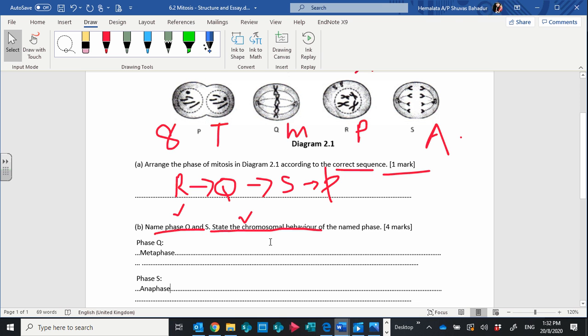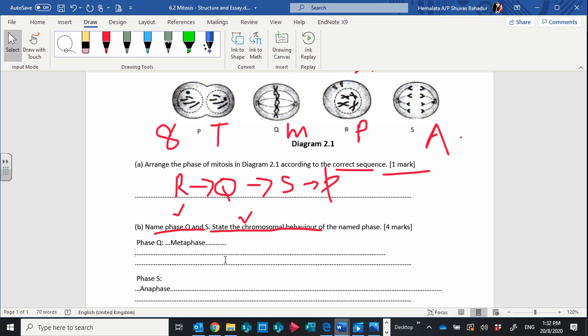Okay, then go for the second one, chromosomal behavior. Chromosomal behavior here refers to how the chromosomes behave at this stage. Just 1 point, because for the naming itself you already gain 1 mark and 1 mark over here. So you just have to give me one condition. Okay, so look at metaphase. The keyword over here is separate.